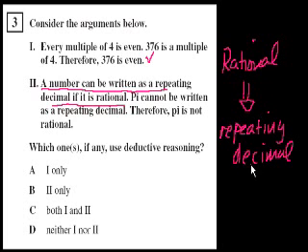It doesn't say that a repeating decimal can definitely be written as a rational number. It just says that if it is rational, a number can be written as a repeating decimal. Fair enough. And then it says pi cannot be written as a repeating decimal. So, if pi cannot be written as a repeating decimal, can pi be rational?